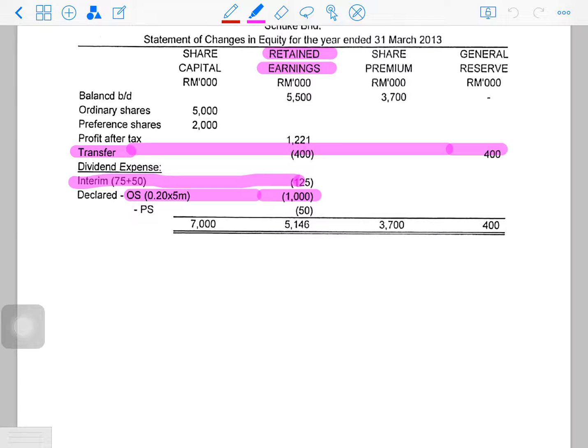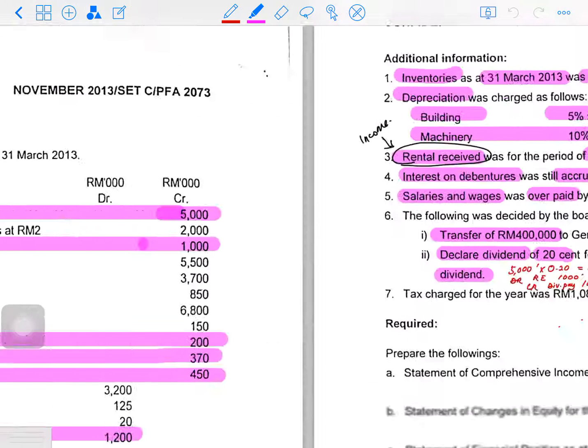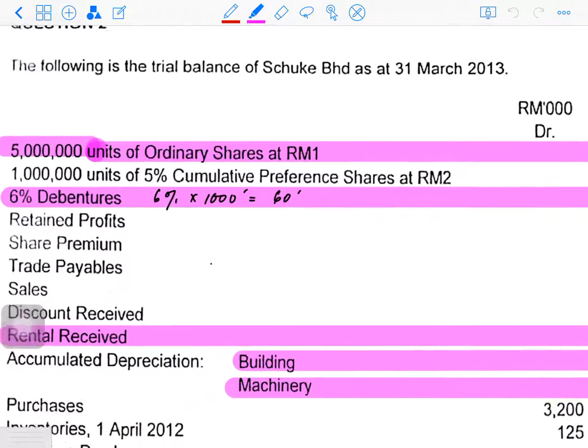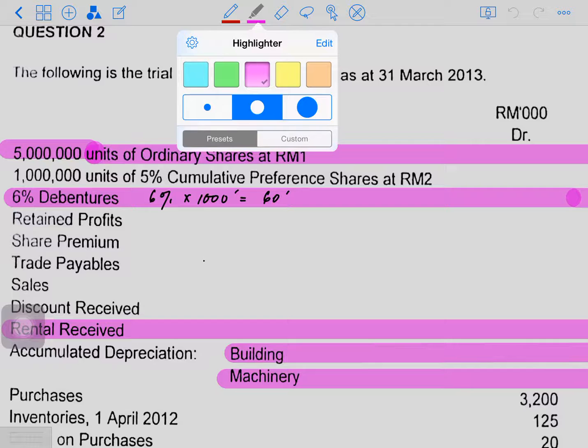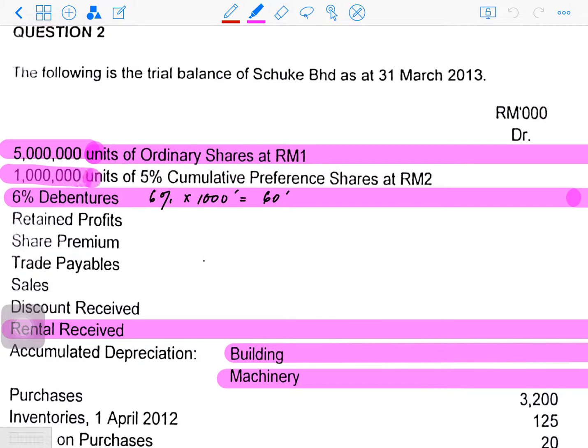Now the second part of the additional information is with regard to preference shares. Half year of preference share dividend will also be declared. Meaning they already paid half during the year as interim dividend, and the other half has not yet been paid. It is accrued, so you have to provide for it. So how much is the dividend for preference share?